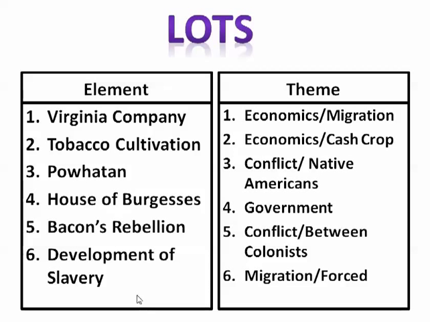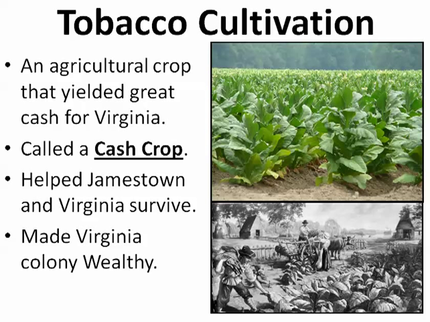So we're going to talk about the development of slavery in Virginia. How did it impact Virginia's development? Slavery is very important in Virginia's development and in the development of the southern colonies. Again, slavery is going to develop because of the production of tobacco.